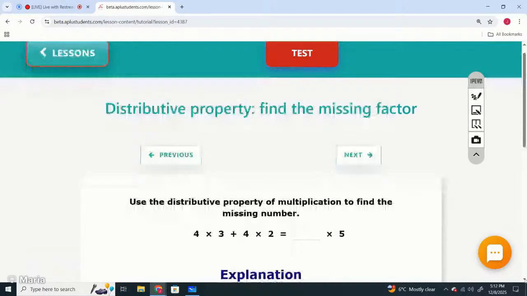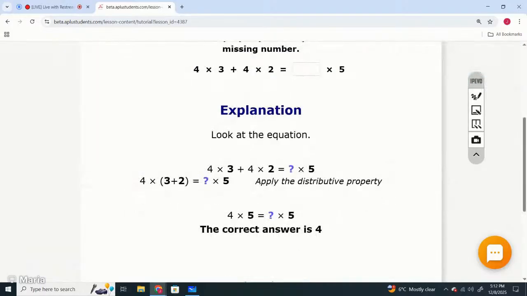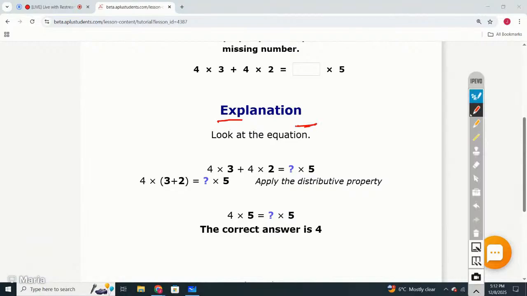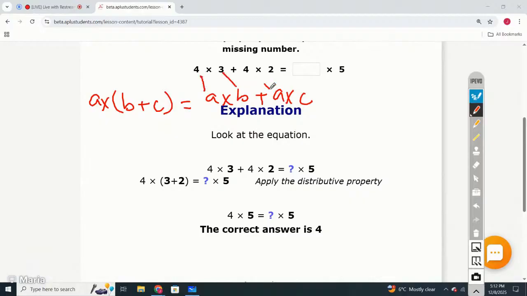The first thing we need to learn here is what the distributive property is. The distributive property of multiplication: A times (B plus C) can be written as A times B plus A times C. Just look at this one. This is A times B and A times C. So we can write it as A times (B plus C).